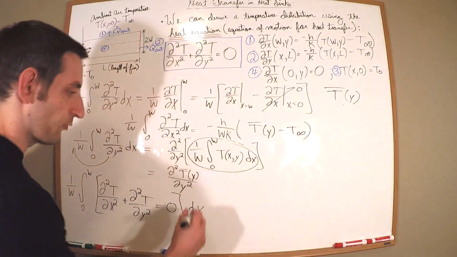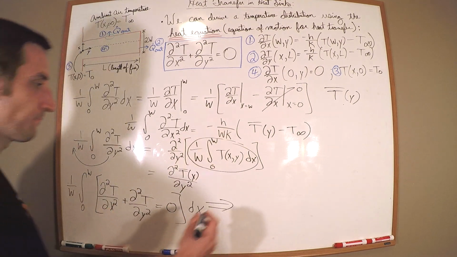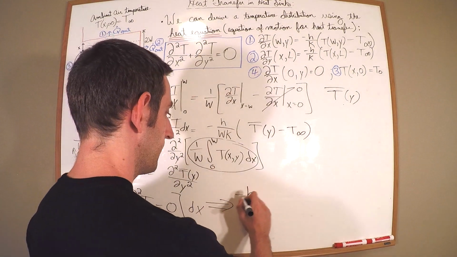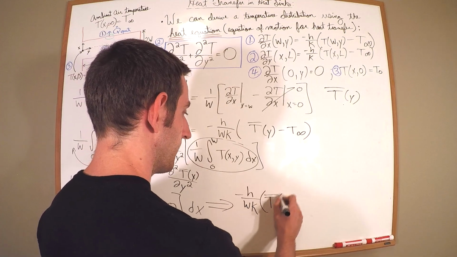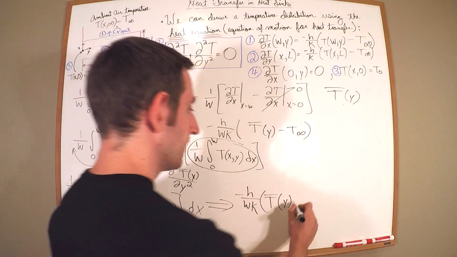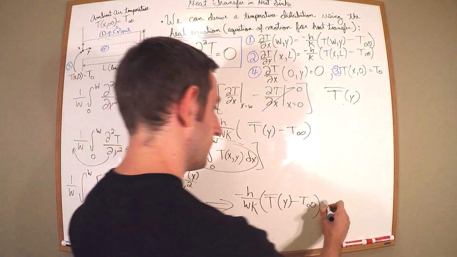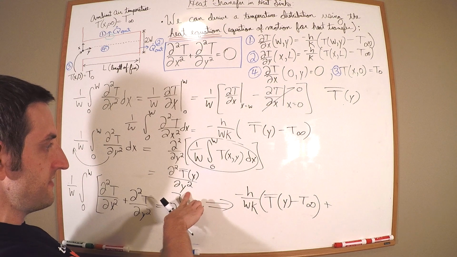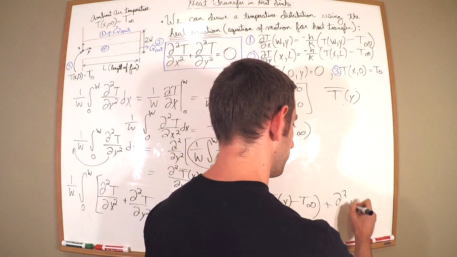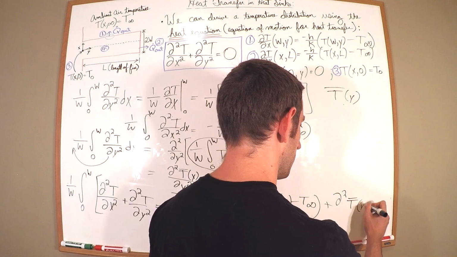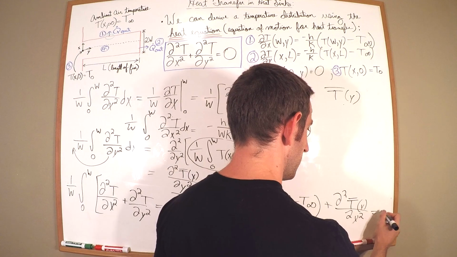And if I move the eraser out of the way, a little arrow, what we end up with, we substitute that into here. We get negative h over wk times this guy in terms of y minus t infinity. We get that guy plus basically this guy right there. Gets thrown right in. So we get the second derivative of the average t over y equals 0.